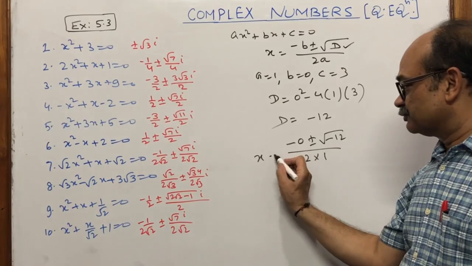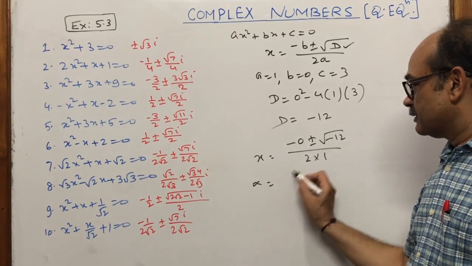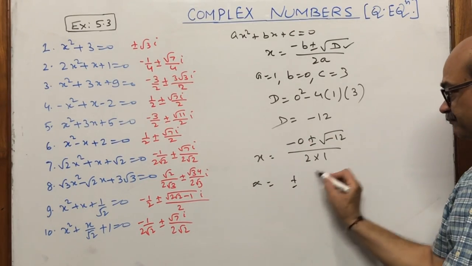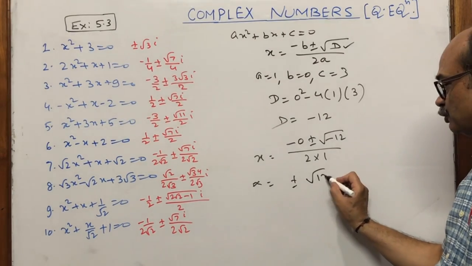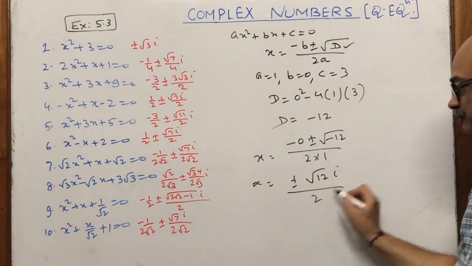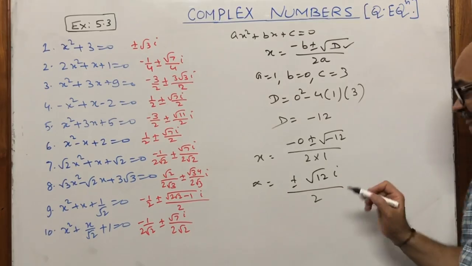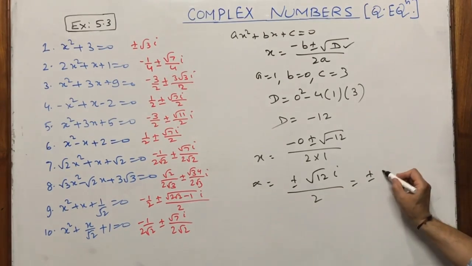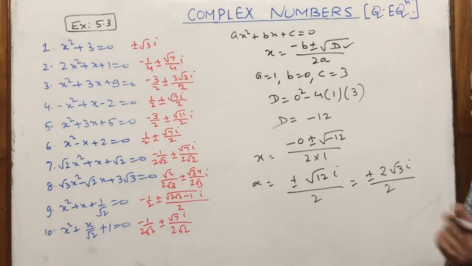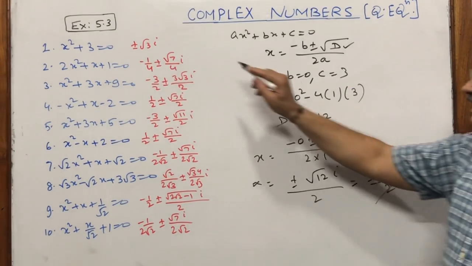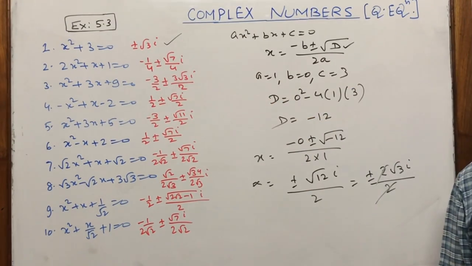So x equals plus minus root 12. We can write it in two parts, root 12 and iota, divided by 2. And what is root 12? You know very well, root 12 means 2 root 3. Yes or no? 2 and 2 cancel out, but we are getting plus minus root 3 iota.